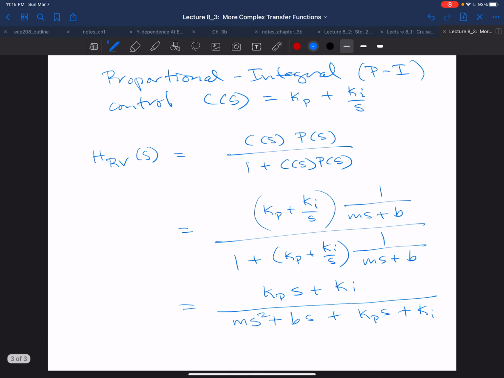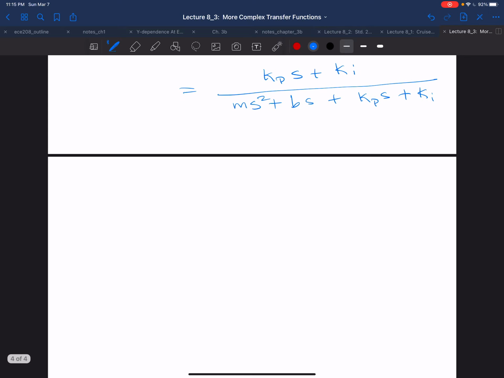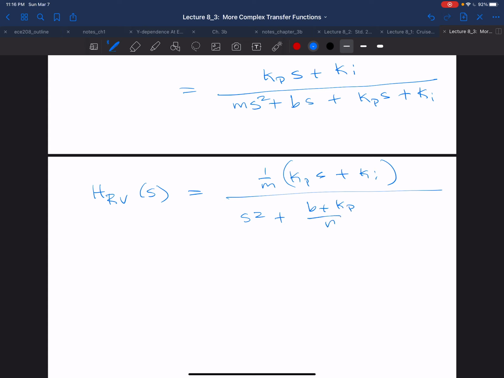So if we group terms together a bit, we'll want to divide by m as well. So we'll get HRV of s equals, let's say, 1 over m times kp s plus ki, divided by s squared plus b plus kp over m times s plus ki over m.